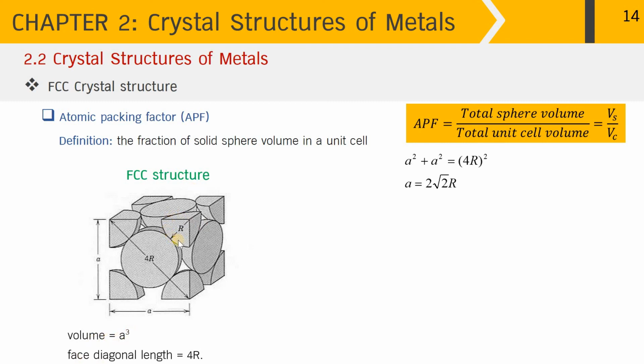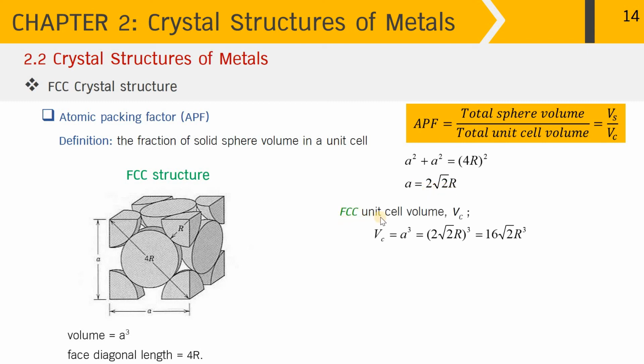And if we consider that the atom has the radius r, then along this diagonal the length will equal 4r. Now let's consider this triangle. We come up with the relation here: a squared plus a squared equals (4r) squared. Hence we have a equals 2 square root 2 r.